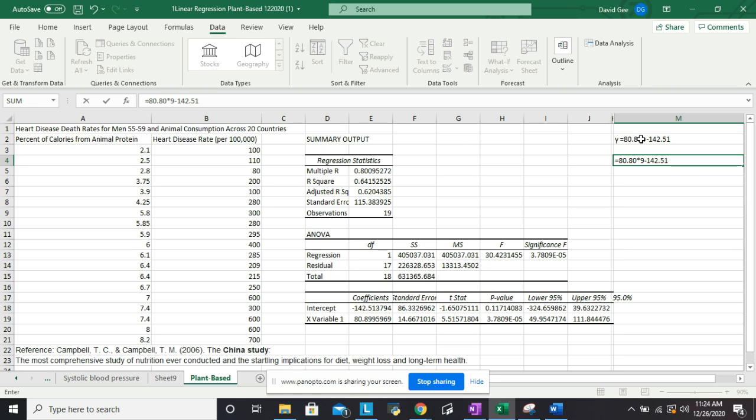The only thing I replaced was X, and I just put in 9. And then the death rate per 100,000 males aged 55 to 59 would be 584.69.